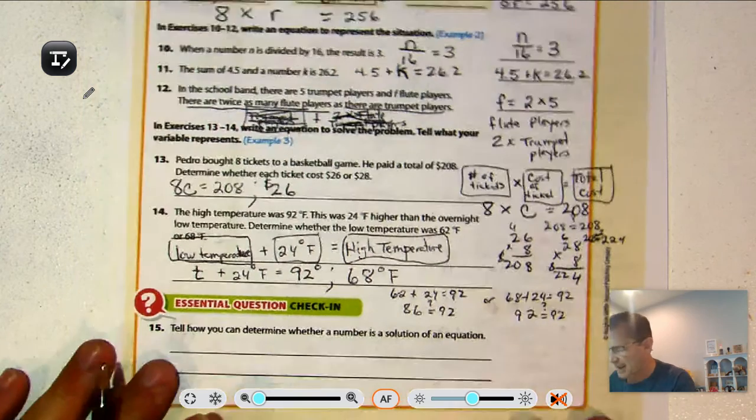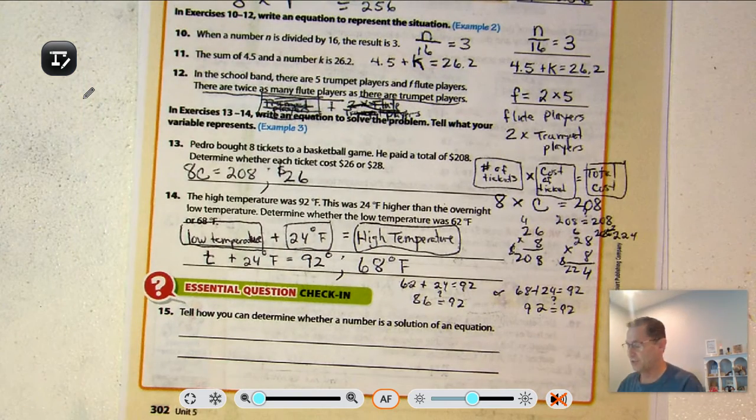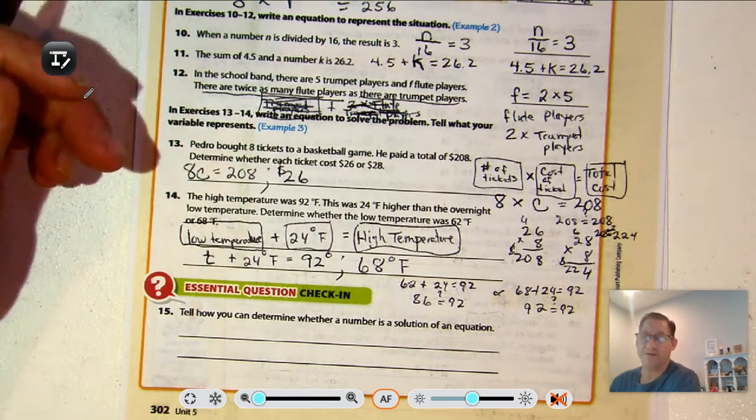Number 15. How can you determine whether a number is a solution of an equation?